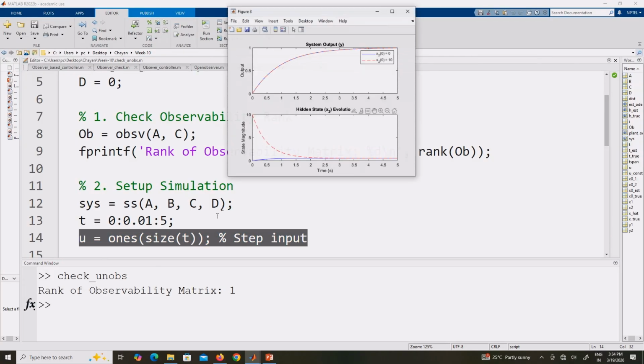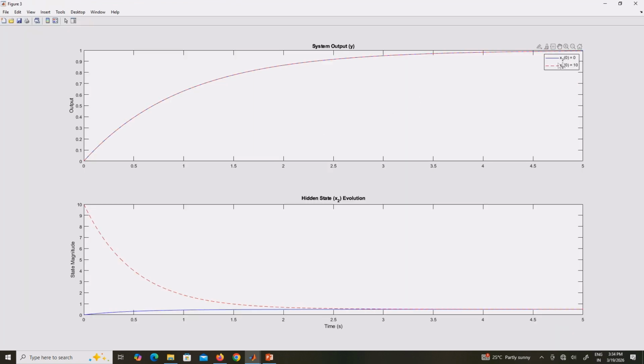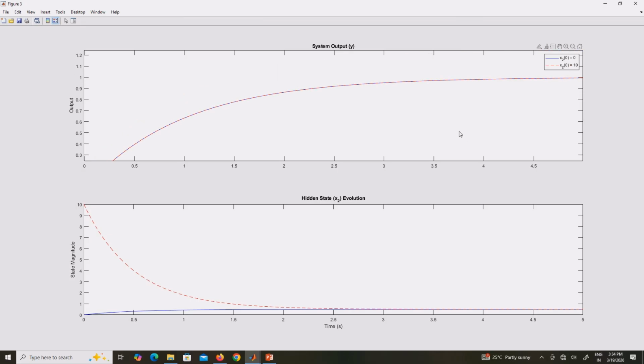Now, you will see that if I run this simulation, for both these cases, I am just plotting the output and the state x2 here. You will see that the actual state x2 is evolving in this way.